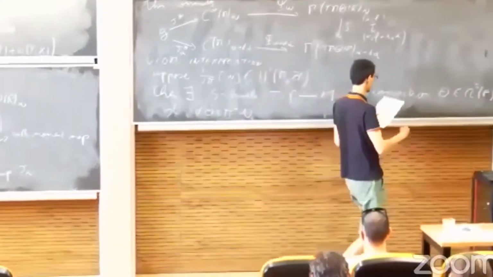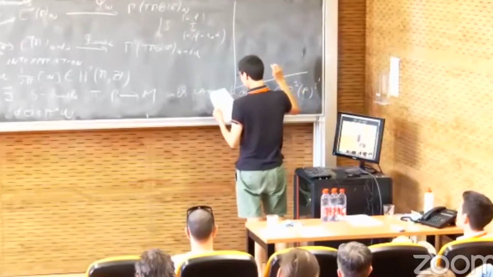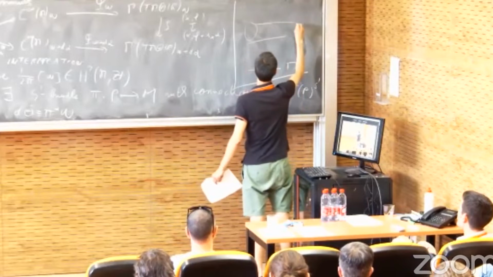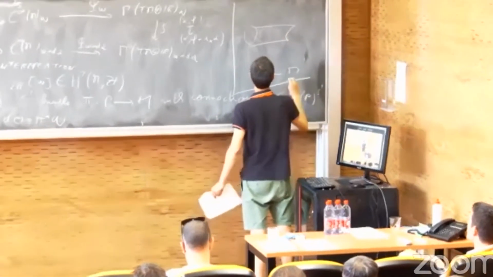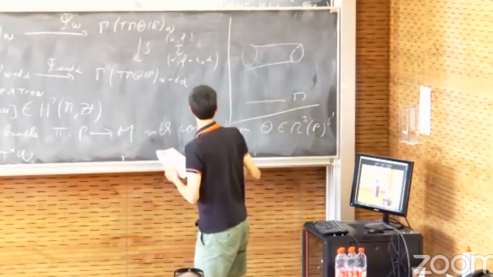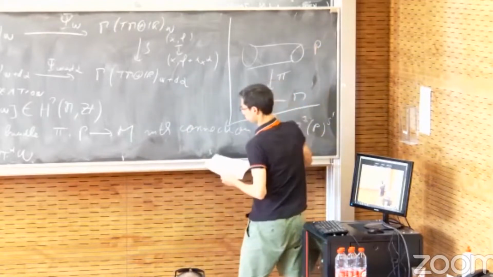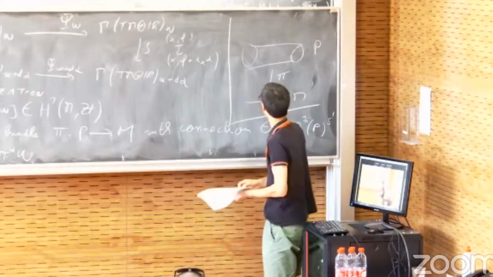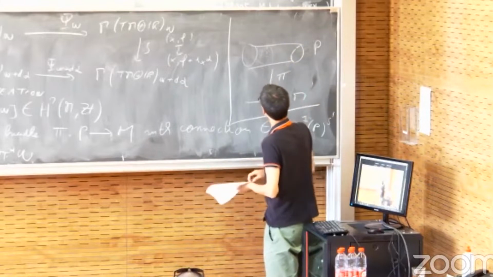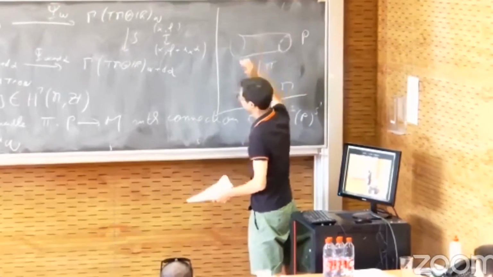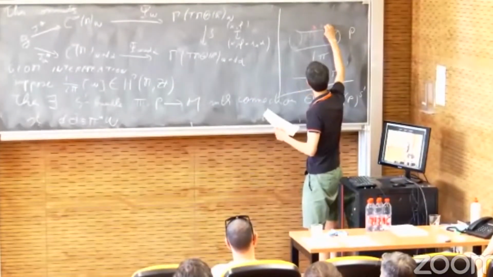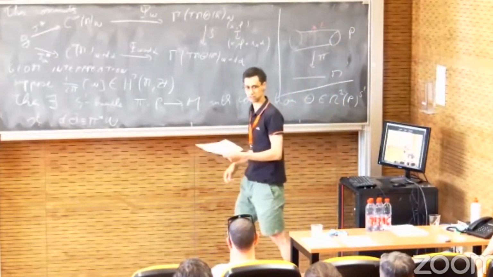Let me try to make a drawing. If I draw M like this, then this looks like a trivial S1 bundle. So this is pi, P, and since I have a principal S1 bundle, the orbits of this S1 action give me an S1 here, and the number 1 in the Lie algebra of the circle gives me a generator of the action, which I will call the vertical, invariant vector field.